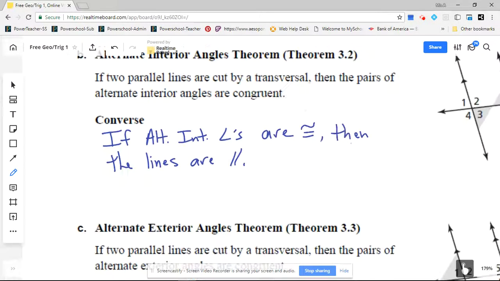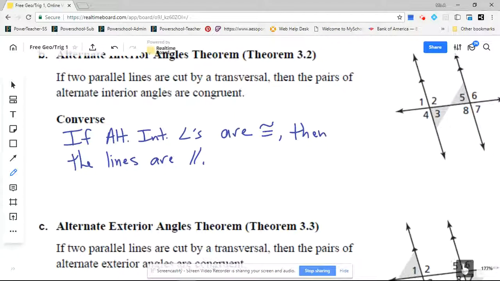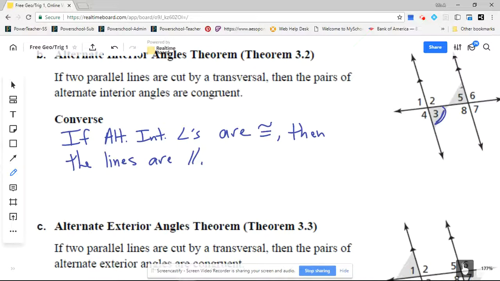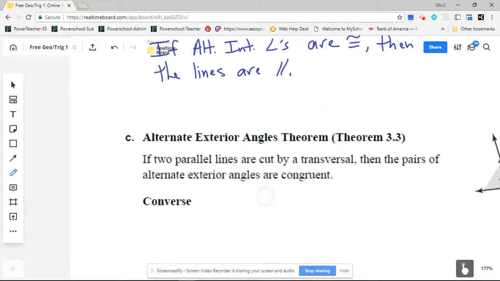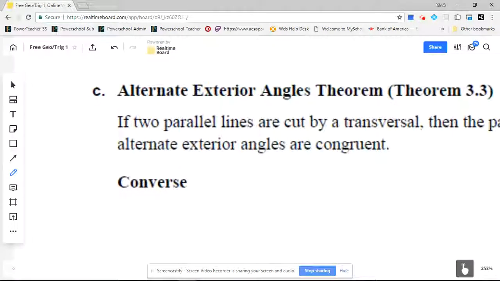Again, another true statement. If 3 and 5 are the same, if 3 equals 5, the only way that happens is that you had parallel lines. It cannot happen unless the lines are parallel. So yeah, if you can show me those 2 angles are equal, then I'll be able to say, yeah, those are parallel lines for sure. And it works the same for alternate exterior as well.